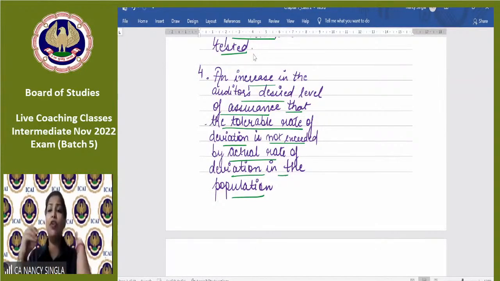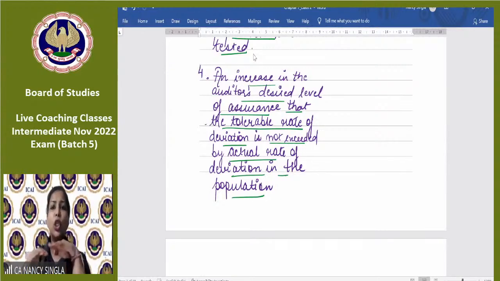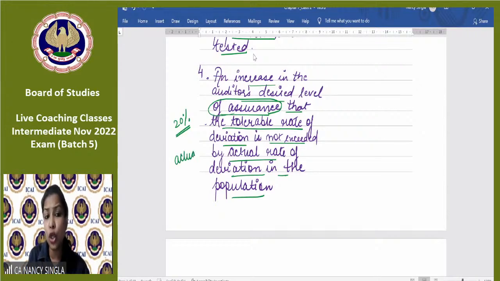That is, if the auditor has maintained a tolerable rate that, okay, 20% I can tolerate, that out of 10, if 2 times the internal control was not working, that is fine. Okay? But the auditor wants an assurance that this actual rate should not be more than the 20% tolerable.